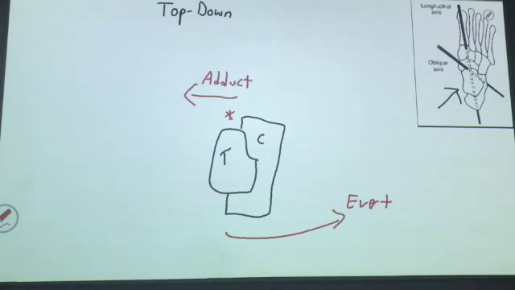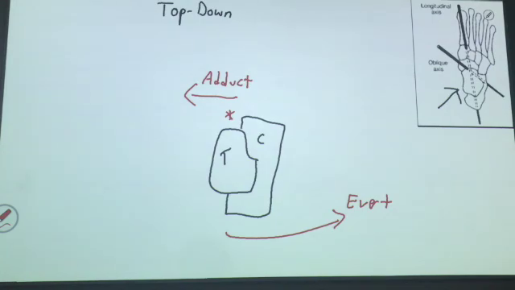I want to make sure that you understand that, because as we start adding in the myology behind all this, we're going to notice that my triceps surae, my gastrocnemius and my soleus complex, are going to not only plantar flex my calcaneus, or my ankle, if you will, but they're also going to have a very small role in inversion.